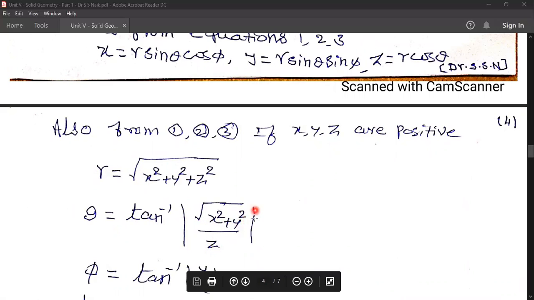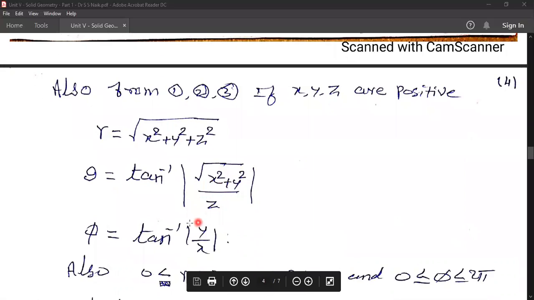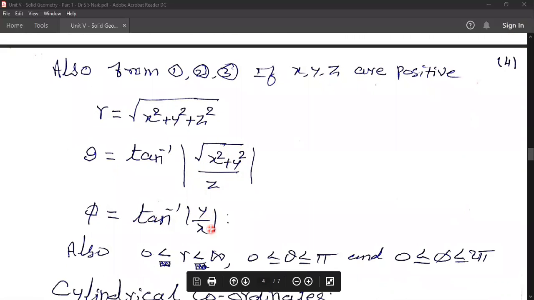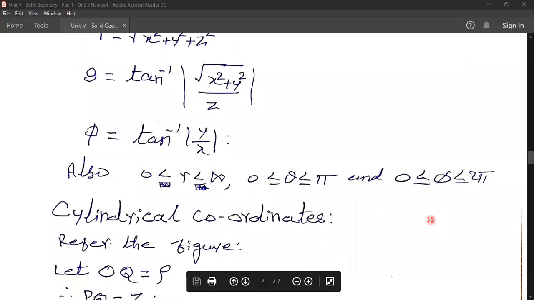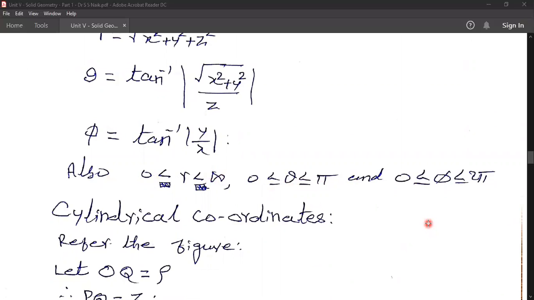This is the modulus: if it is a negative value, you take the positive value of that; if it is positive, it remains positive. And then phi is equal to tan inverse of y upon x. Also, r lies between 0 and infinity, theta lies between 0 and pi, and phi lies between 0 and 2 pi.